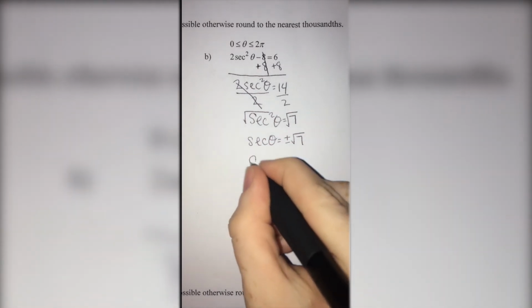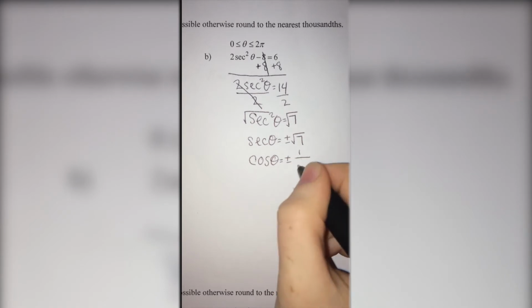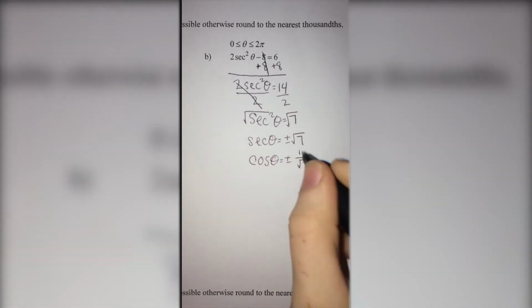Now you have to convert your equation to a better form. This means that you have to flip your equation and turn your secant into cosine. This leaves you with plus or minus 1 over root 7.